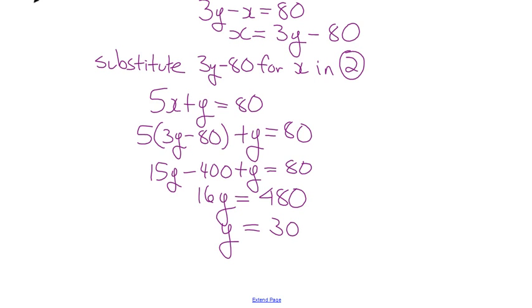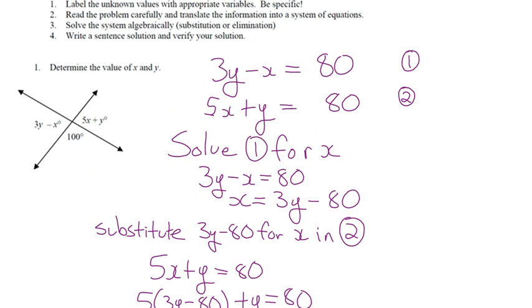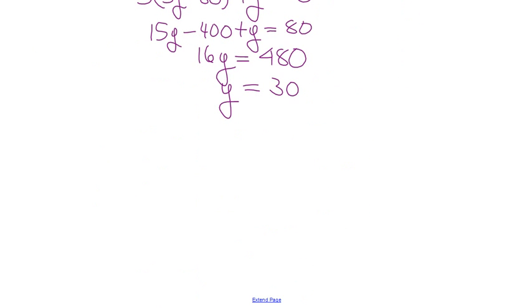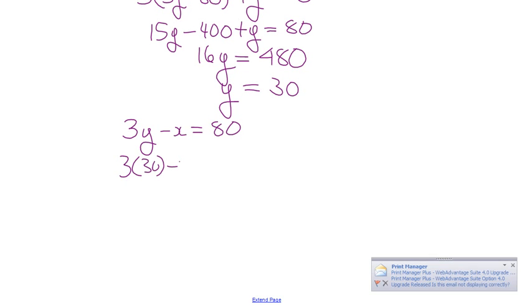And what's x? How are we going to solve for x? Substitute into the first equation? Where are we? 3y minus x equals 80. Three times 30.